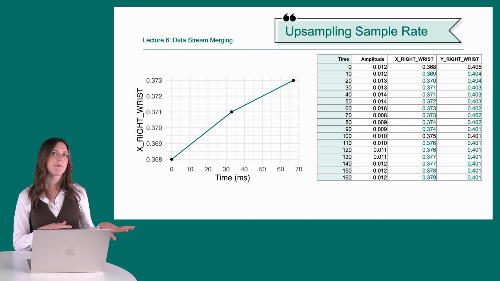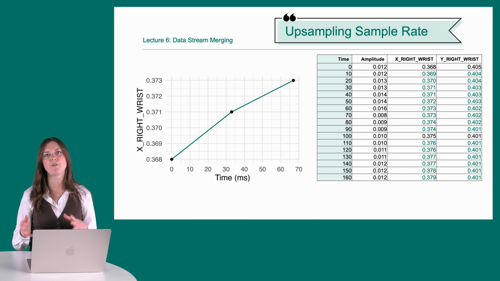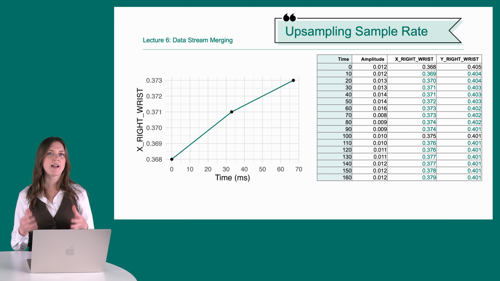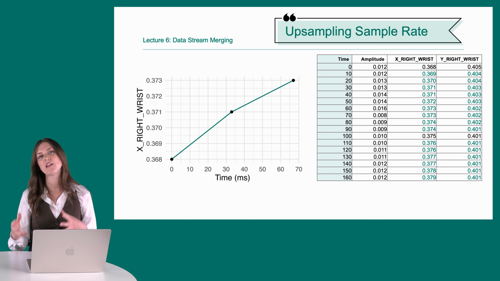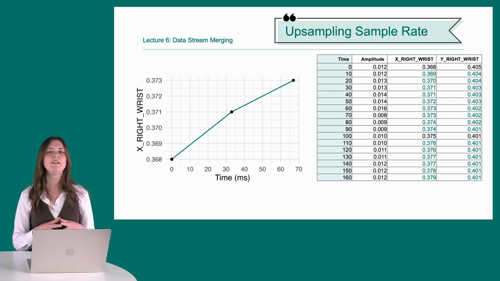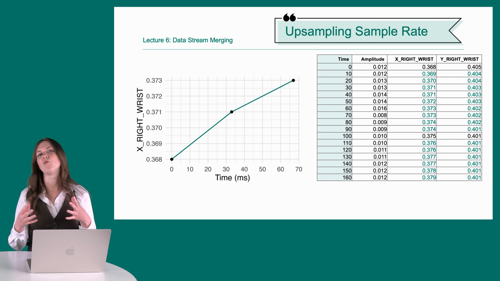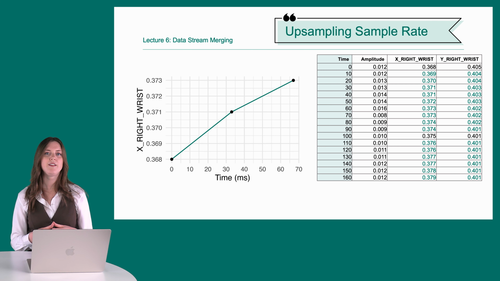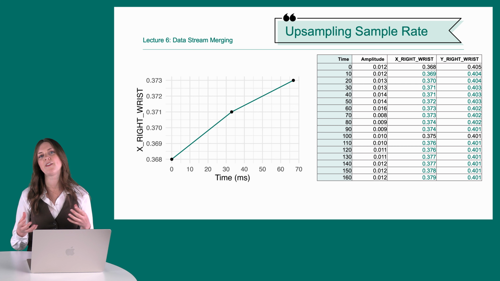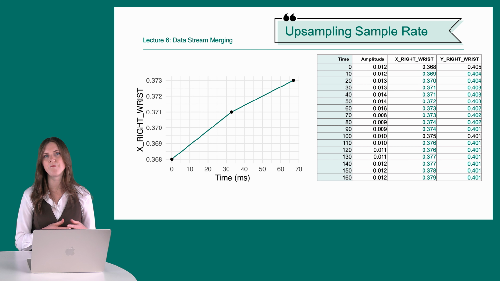We can now drop the rows where speech amplitude values were missing so that our time column increases at equal intervals again. Now, both our motion tracking data and our speech amplitude data have a sampling rate of 100 Hertz. In general, when you have 2 signals with different sampling rates, the best strategy depends on the kind of analysis you want to perform.